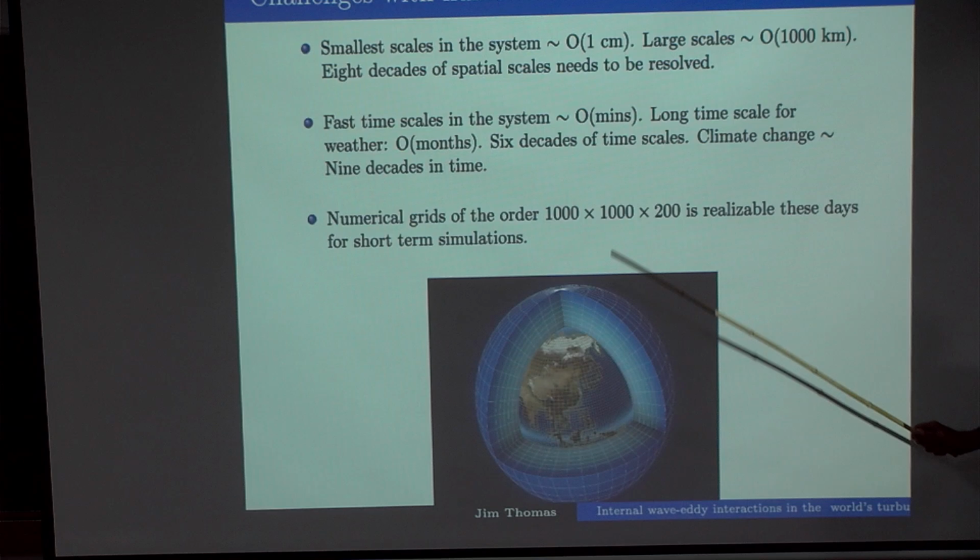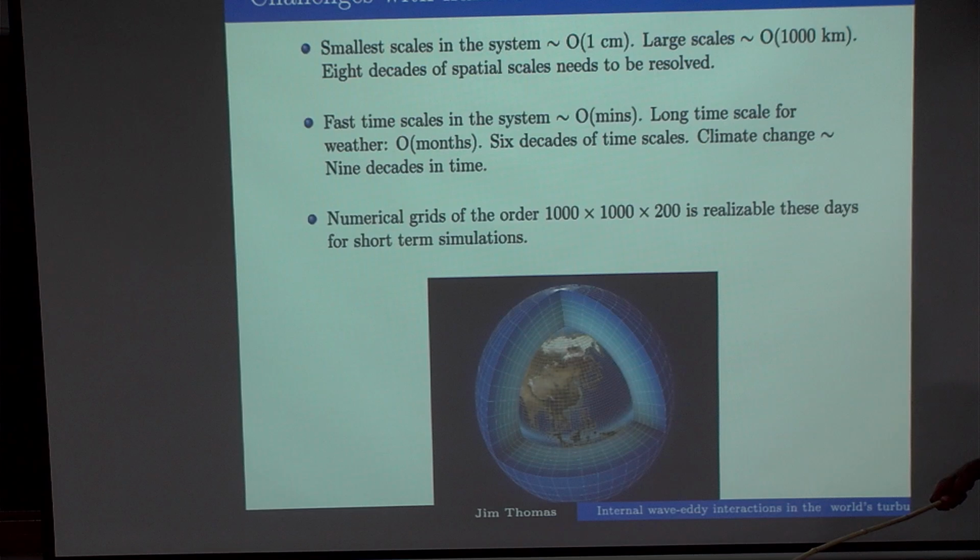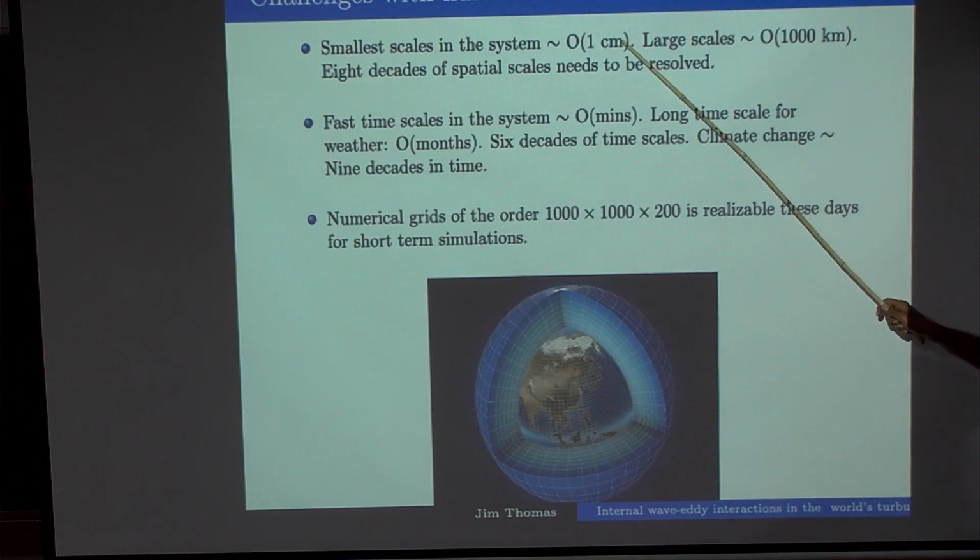This is the scale at which viscosity acts, and the kinetic energy of the fluid gets converted to heat. So in thermodynamics, you will learn that this energy conversion from kinetic to heat happens at the centimeter scale. From 1000 kilometers to 100 kilometers is one decade. And then 100 kilometers to 10 kilometers, another decade. If you keep counting, there are 8 decades of spatial scales here, from centimeter to 1000 kilometers. That's a lot of scales.